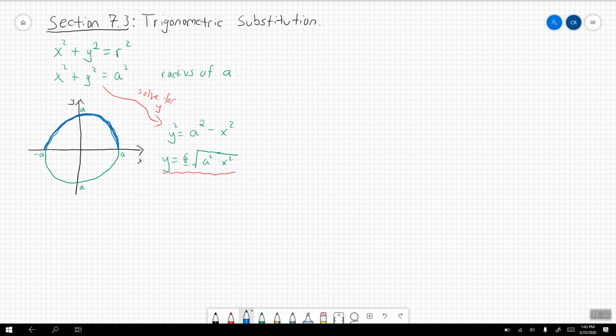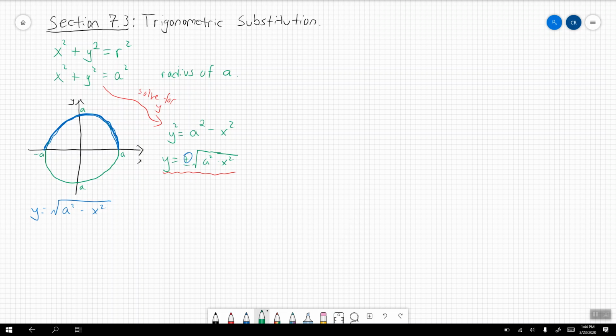The top portion is just going to be the positive version of this square root, in other words, the principal square root. So what I'm looking at here is a function defined as the square root of a squared minus x squared, and I want some way to think about this as a function that depends on a different variable that is not x.